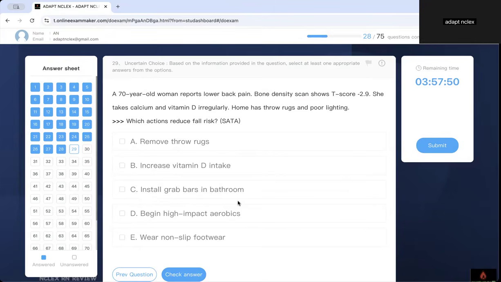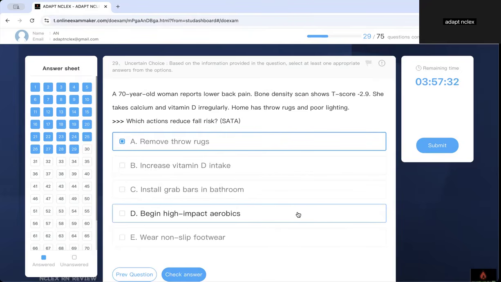This is the typical health promotion. We want to prevent mommy from falling. What do you think? The T-score of negative 2.9 is osteoporosis. So how am I going to prevent you from falling? Throw rugs, remove them.